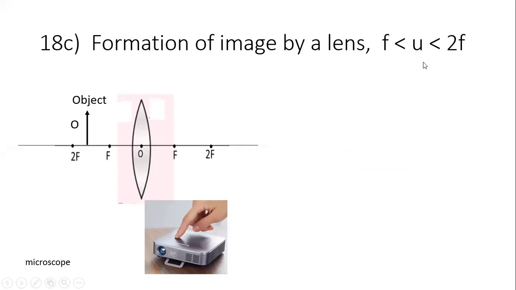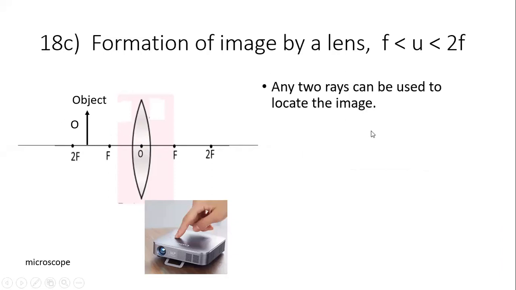Same, right? Just only two rays. The easiest, as I say, is the ray that passes through the optical center. It just goes straight through. And the parallel ray, after refraction, passes through the focus. And then that is your image.